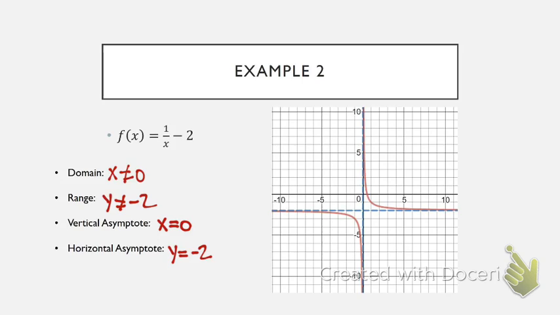If we remember transformation laws from last semester, this number all by itself at the right of the equation is what we called our k value. And this value moves us up and down. So if we have a minus 2 at the end, we would assume that our graph had gone down 2. And then if we look at the graph, we see that it actually did move down 2.